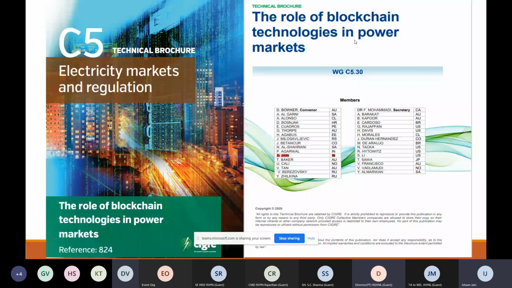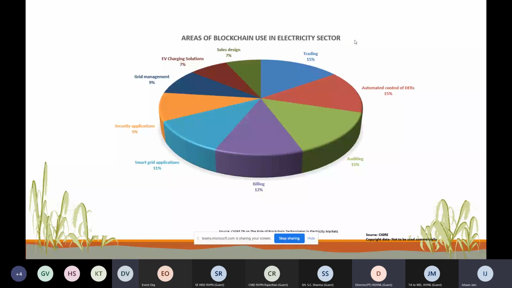You can find India also, PK Agrawal and SK Jain, in that particular slide. So all these things are being studied, and a report was put up so that we can analyze whether this technology, before adopting, is fit for use in the power sector or not. These are the areas of the electric sector in which blockchain can be used.